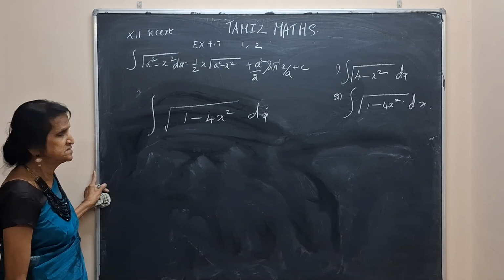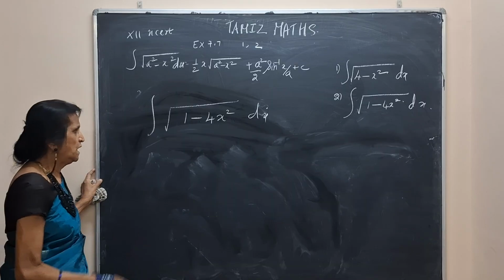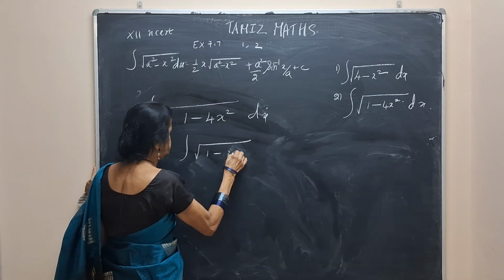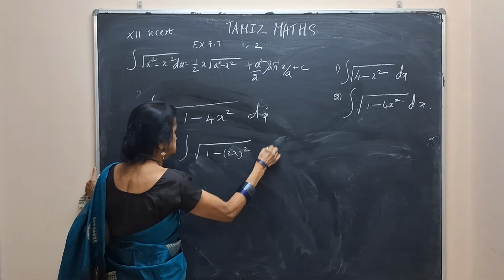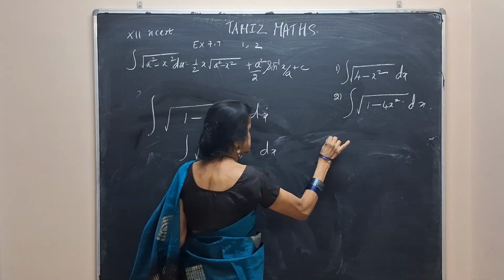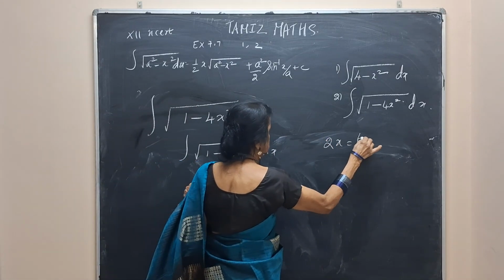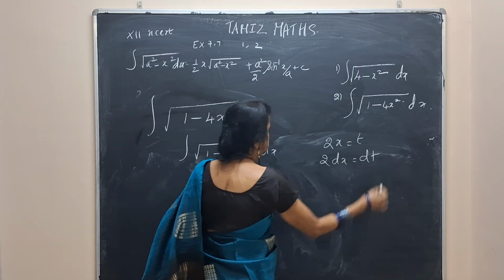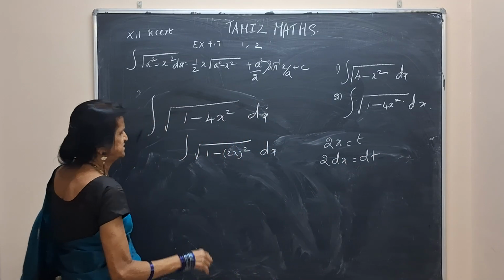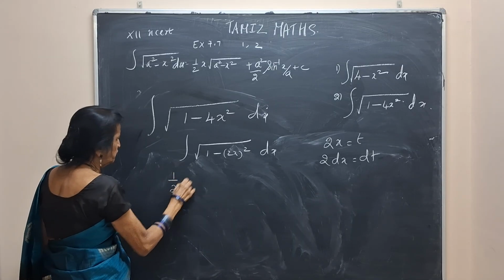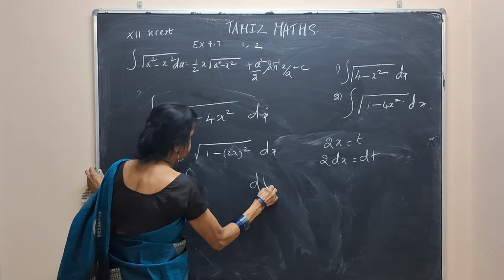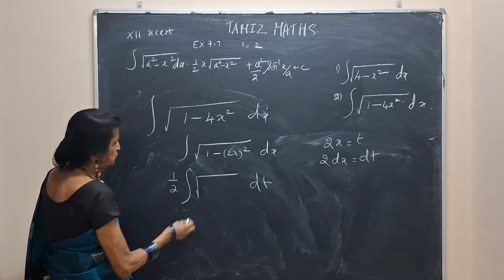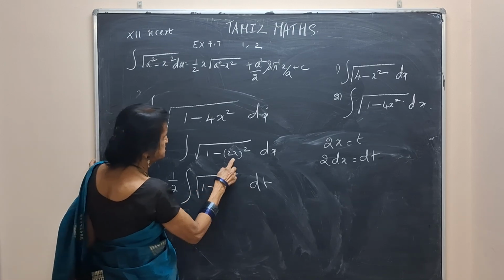You can take a as half in that case if you want. Otherwise, put 2x equal to t. 2 dx is dt, so dx is 1 by 2 dt, and the integrand is root of 1 minus t square.